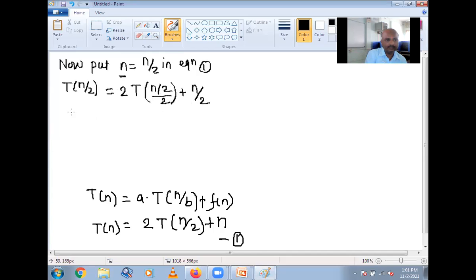So we get T of n by 2 is equal to 2 T of n by 4 plus n by 2. This is equation number 2.